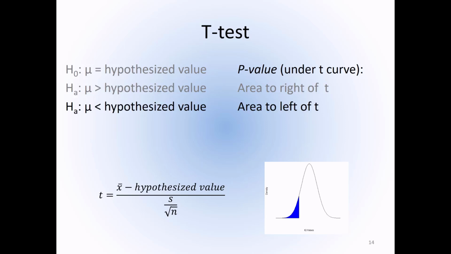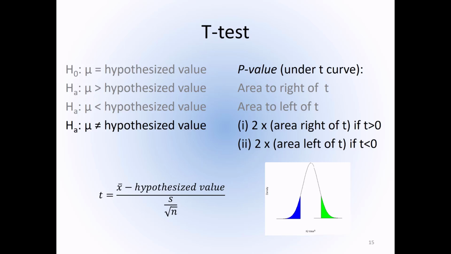We could also hypothesize alternatively that the mean is less than that particular value that we're interested in. In this case, the area to the left of t is what we would be interested in. And then also we could look at our alternative hypothesis being that the mean just simply does not equal that hypothesized value. In this particular case, we're interested in both the area to the left of t as well as the area to the right of t.